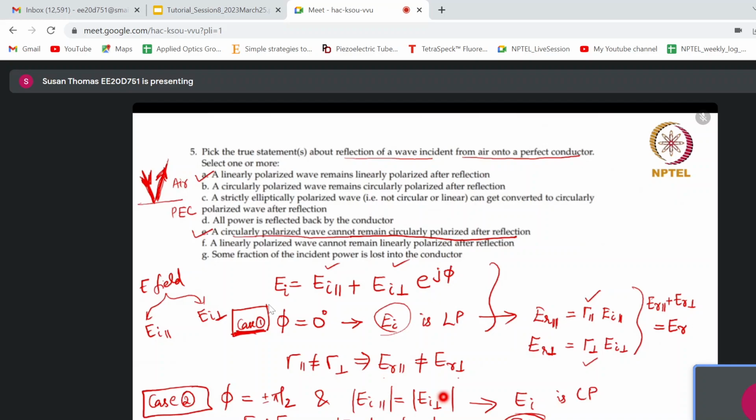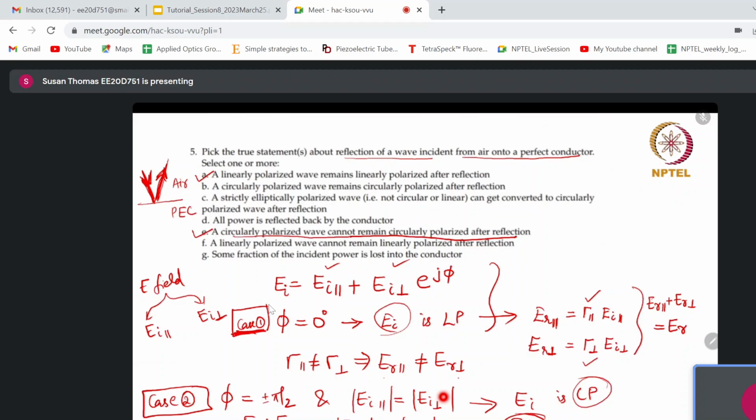In the case of a circularly polarized incident wave, because gamma parallel is not equal to gamma perpendicular, ER parallel is not equal to ER perpendicular. There itself the magnitude condition is being violated. So circular polarization cannot be maintained, and it becomes an elliptical polarization.